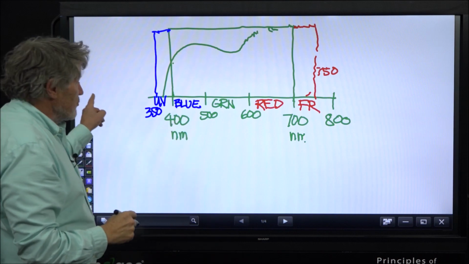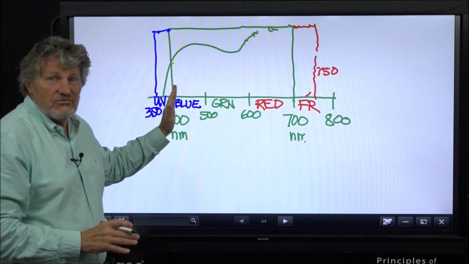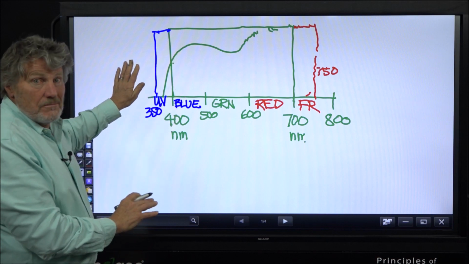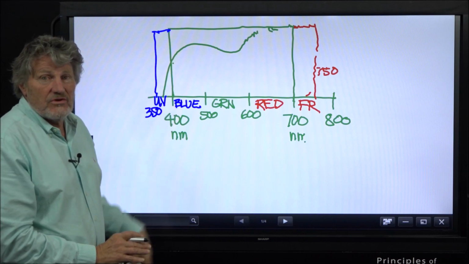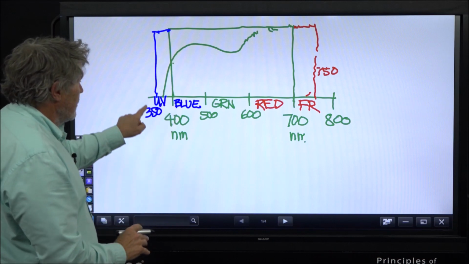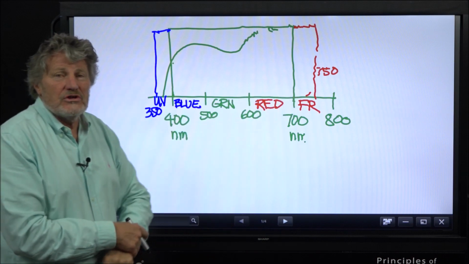This goes shorter than this, but this is the beneficial UV. Shorter than this is usually bad, but there's a lot of good effects of UV from 350 to 400. All right, 1, 2, 3, 4, 5 categories of light.